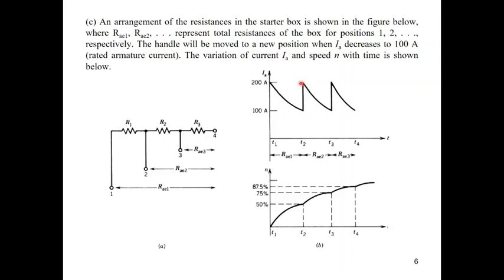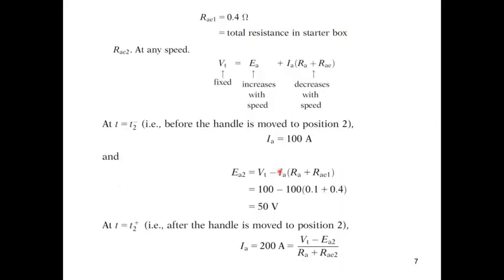So we calculated the EMF based on T2 minus, where the current was 100 amps. The EMF will be the same at T2, whether minus or plus, because the speed is the same. It's constant. So we can assume at T2 plus, the current is 200 amps, the EMF will be the same, and calculate the second step rheostat.